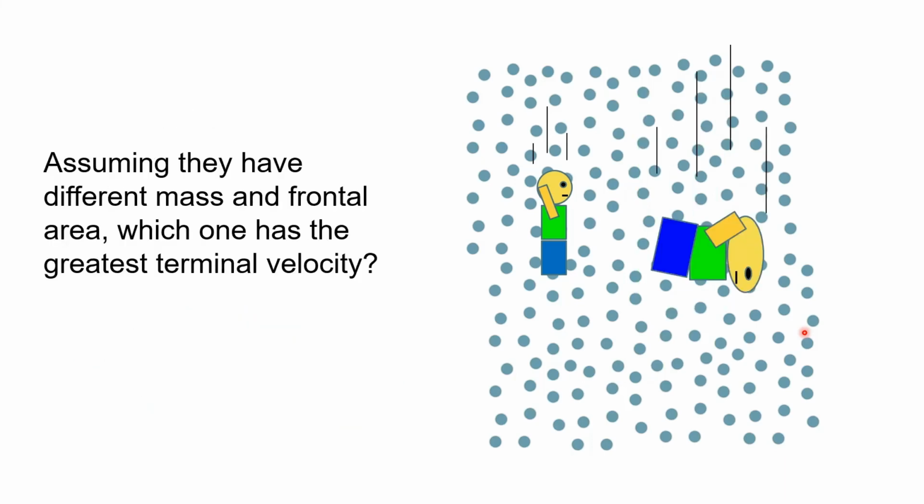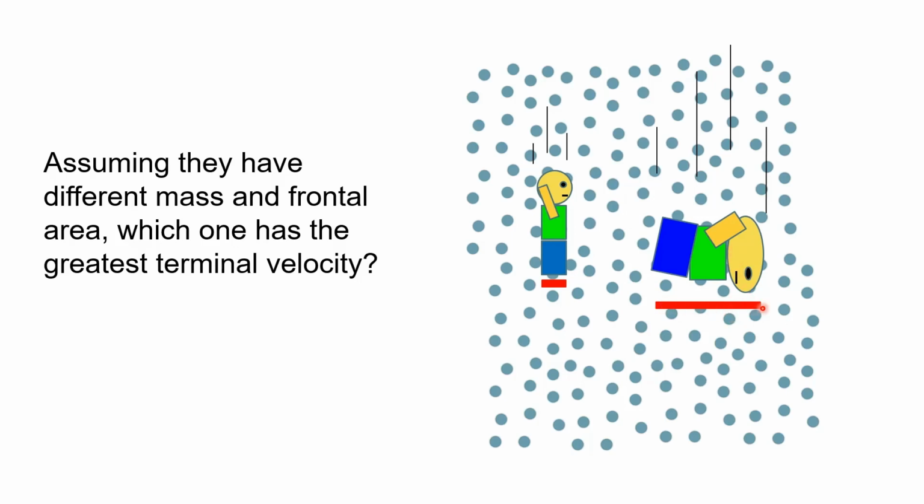Another one. Assuming they have different mass and frontal area, which one has the greatest terminal velocity? So there's the frontal area there, there's the frontal area there. Now, in this situation, I'm assuming this one has more mass and more frontal area. Problem is, those are competing terms.